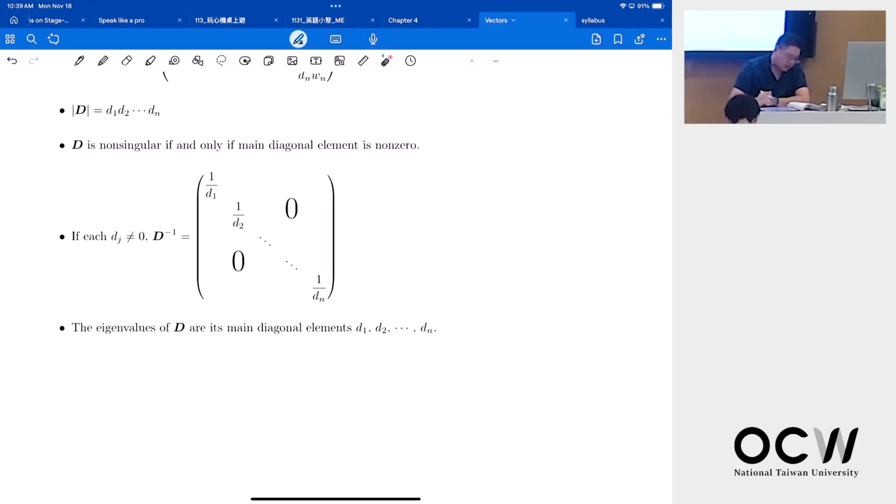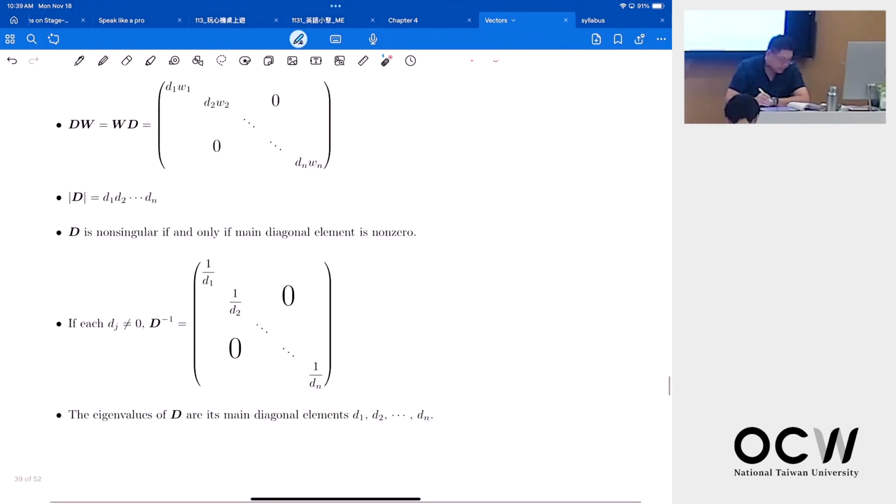Alright, so now we know the diagonal matrix. Then let's see what is diagonalization, or we may say that a matrix A is diagonalizable. And what does that mean?